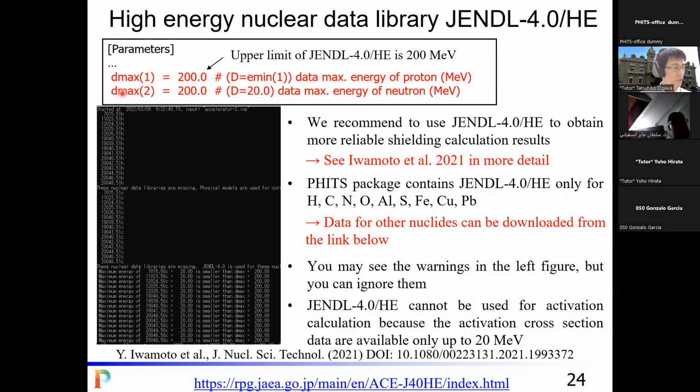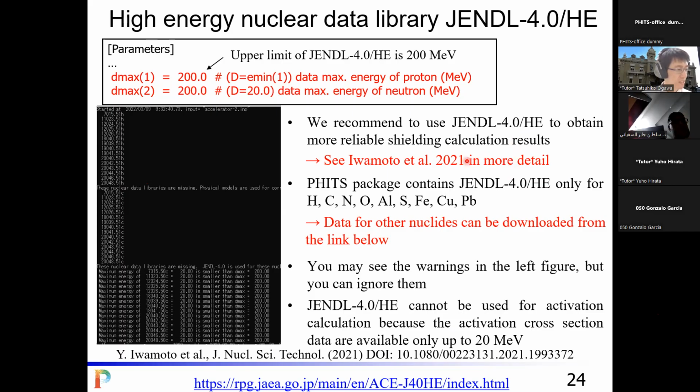These values, dmax(1) and dmax(2), mean the maximum energy of the proton cross-section data library, and dmax(2) means the cross-section data library upper limit energy for neutrons. And in this calculation, we use JENDL-4.0 high energy cross-section data to obtain reliable shielding calculation results.